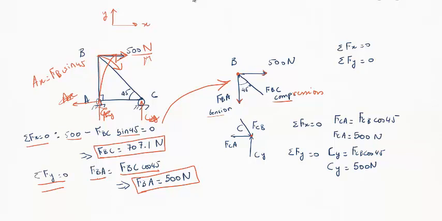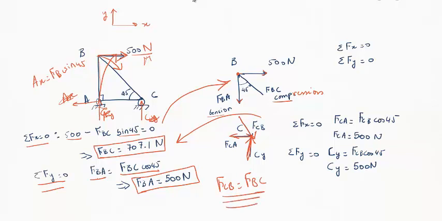We have the reaction CY, we have FCA, and we have FCB. Now if you look, FCB is the same thing as FBC. So FCB equals FBC. This is very, very important to note.